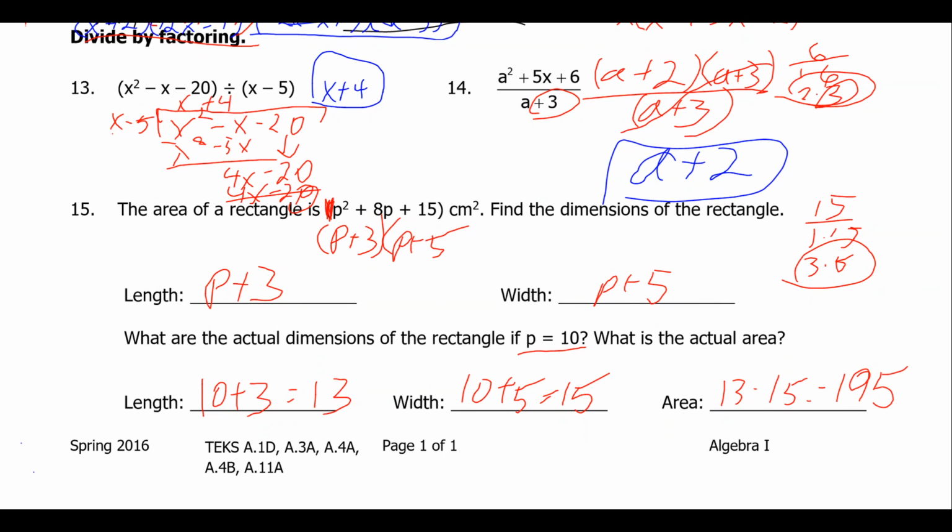Alright, now, if you don't believe me, and if you need to double check this, what you do is you take that 10, put it back in at the beginning, into that equation right there, the p squared plus 8p plus 15, and see if that one turns out to be 195. If it does, then you did it right and you're set. Alright.